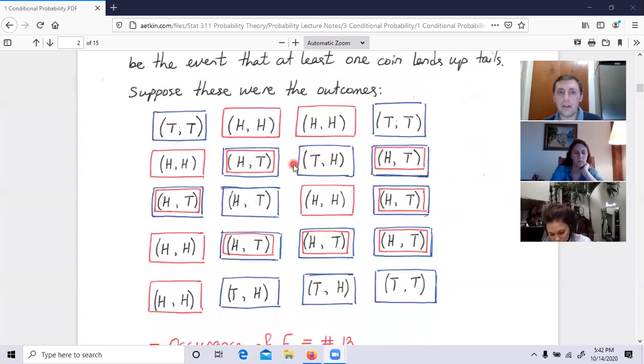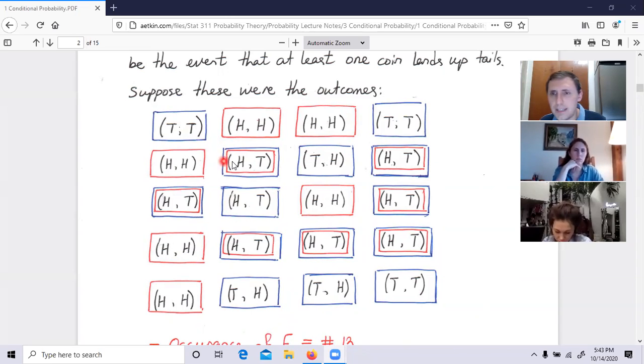If I conduct this experiment, what do I observe? I put the event F in blue. If I see the outcome tail, that means one of the outcomes was a tail, so that's part of event F. If I see tail head, one of the outcomes was a tail, so that's also part of my event F. If I construct a table, remember that what you have is a non-deterministic sequence, where each new term is new.